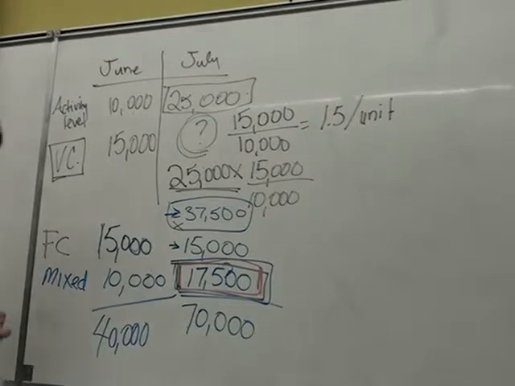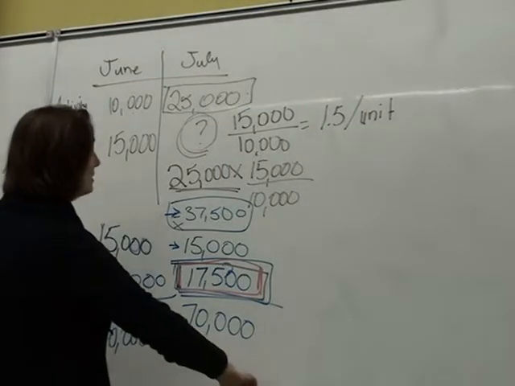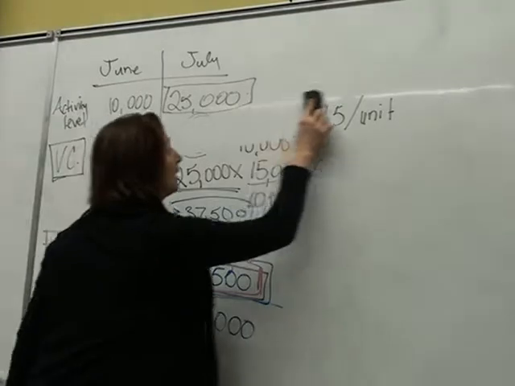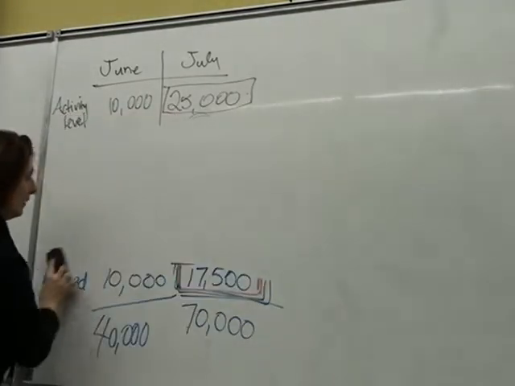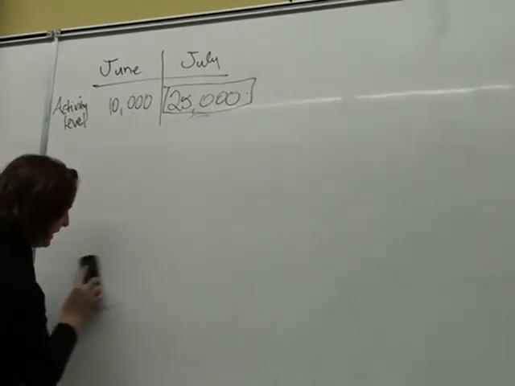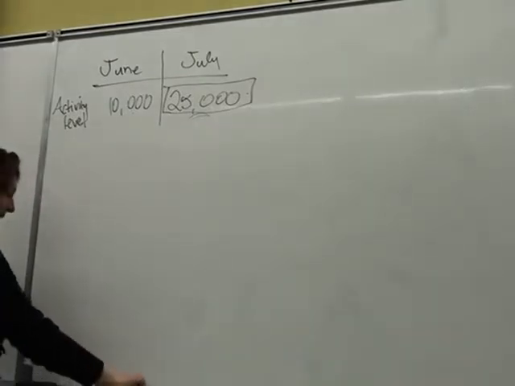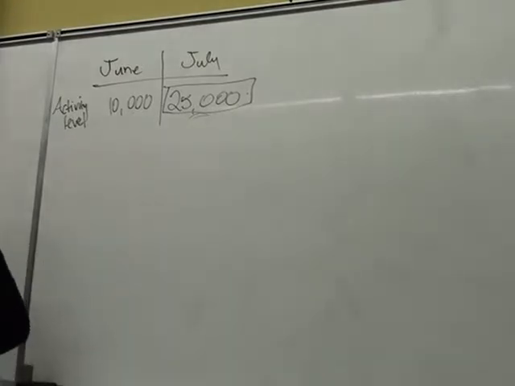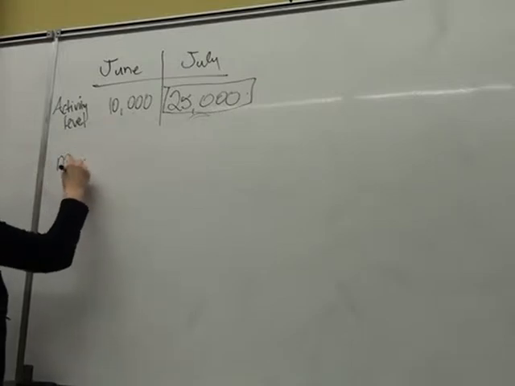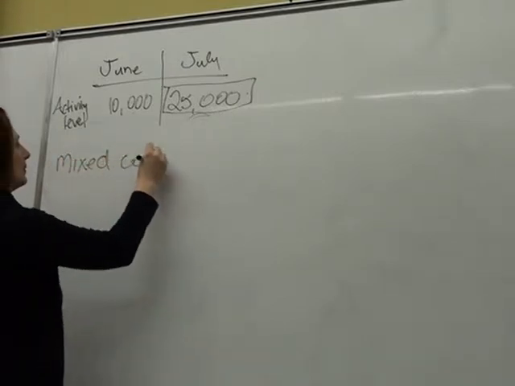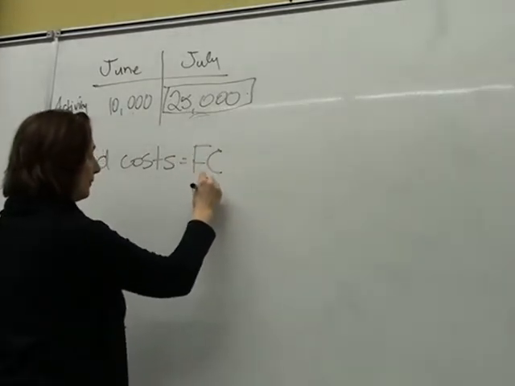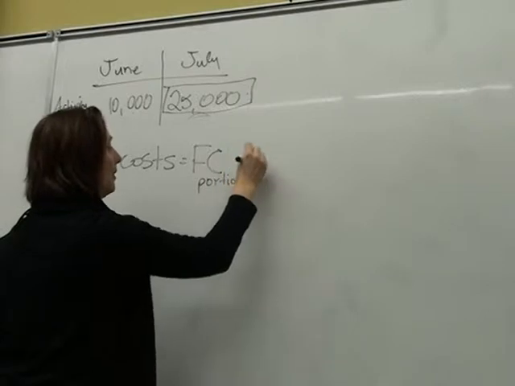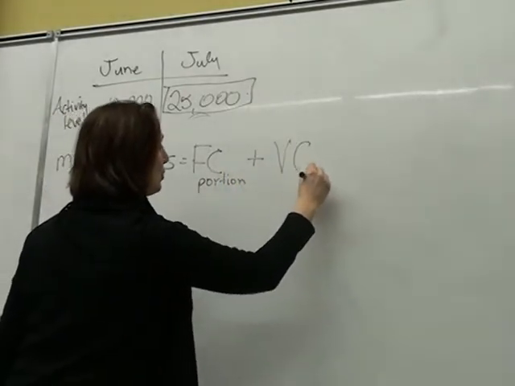Do you remember when we talked about mixed costs? I'm going to get rid of some of this so I can do this. Mixed costs are made up of what 2 different kinds of costs? Fixed and variable. So mixed costs equal a fixed cost portion and a variable cost portion.